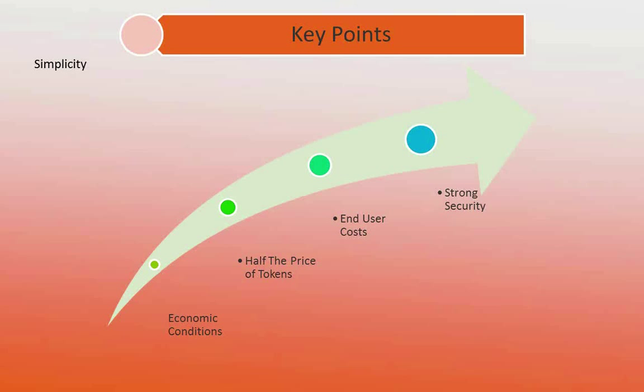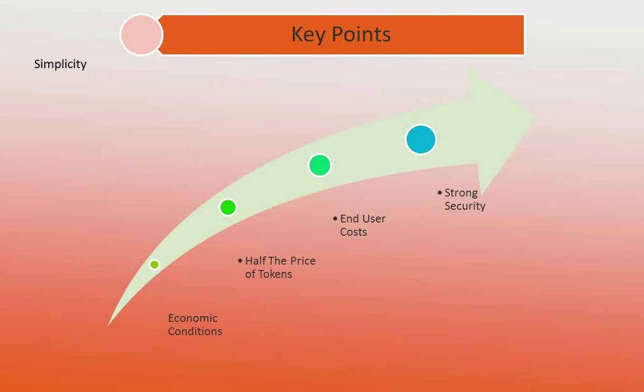So I think the key points with SMS Passcode is when users are looking for a solution, with the advent of the economic conditions, with costs being high, they are looking for something which is much more cost-effective, which SMS Passcode is. The cost of our solution is half the price of tokens in the initial costs.